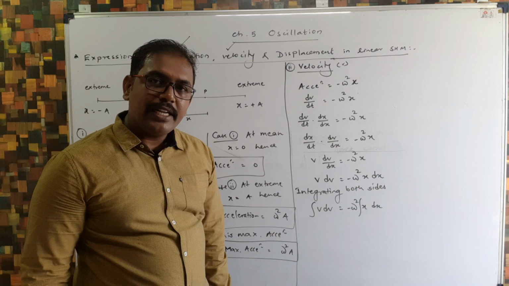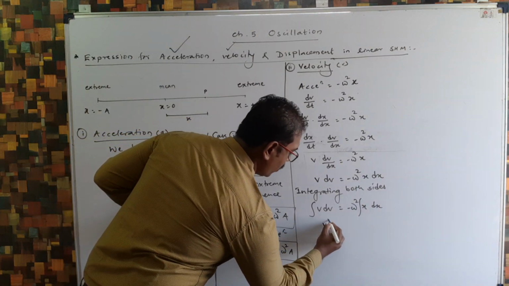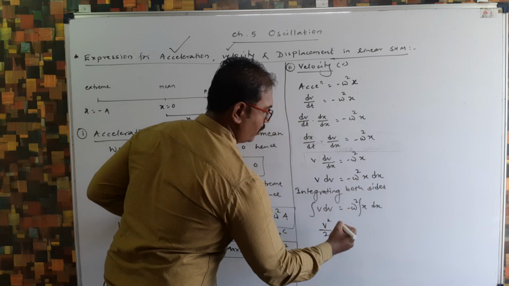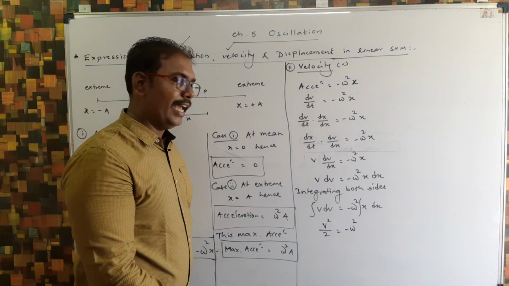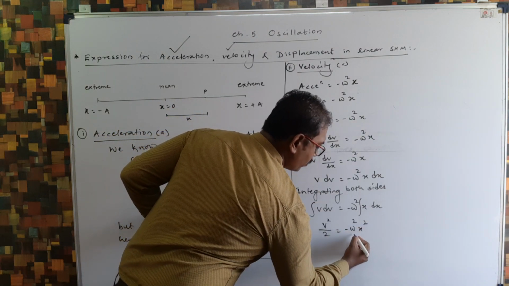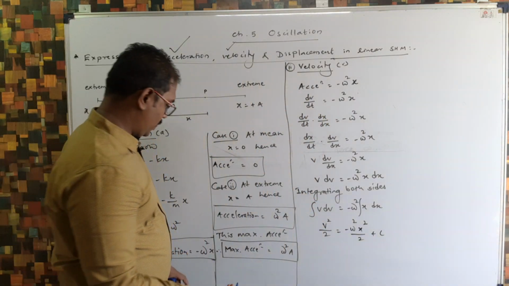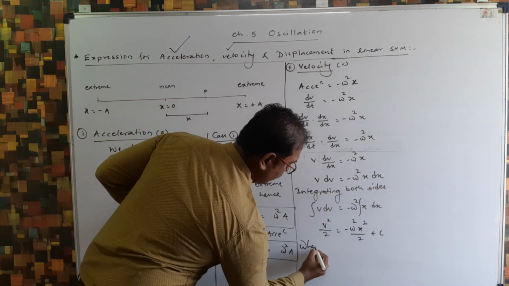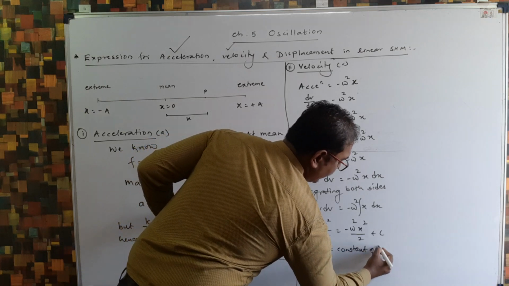Now you know that integration v dv is v square by 2. So let us write it here. v square by 2 is equal to minus omega square as it is. Integration x dx is x square by 2. Plus I write the constant of integration, c, where c is the constant of integration.